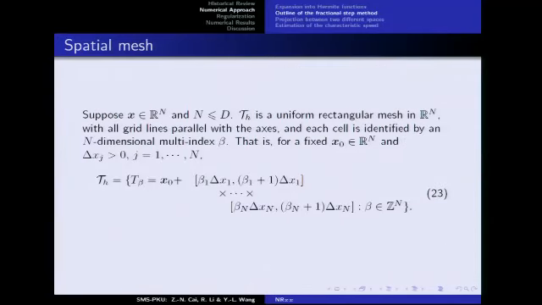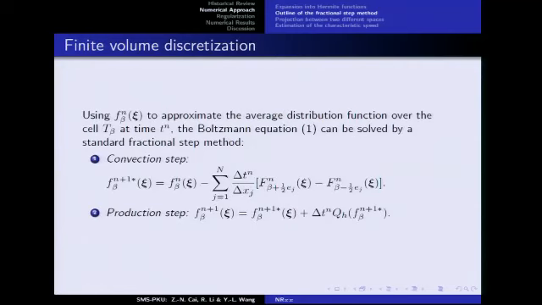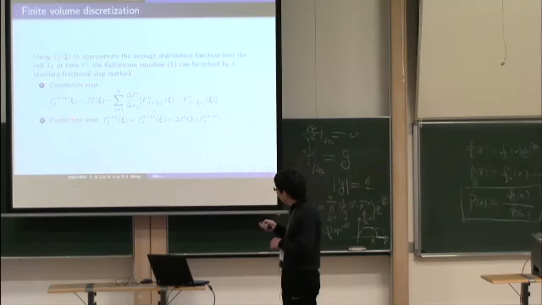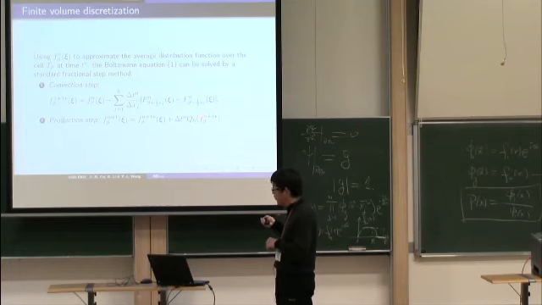Now we give the mesh and triangulate the domain. We are using a Cartesian mesh for simplicity, and then use the standard finite volume discretization looking like this. We use the standard two-step method: the first step is to advance the convection, and the other is to add the effect of the collision term.